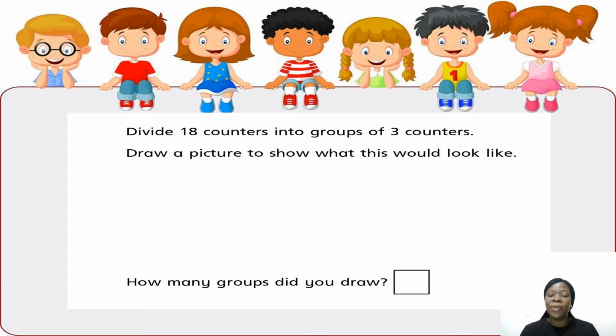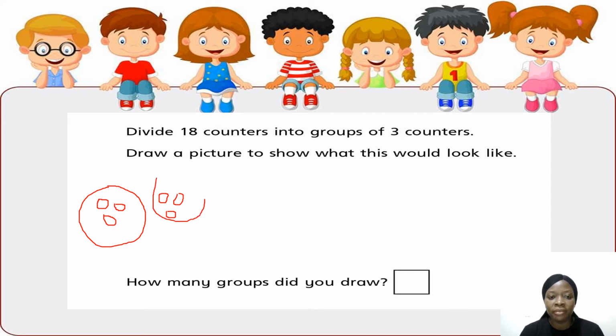Welcome back, everyone. Now the instruction says divide 18 counters into groups of 3 counters. So let's see. 1, 2, 3. This is one group of 3. 4, 5, 6. This is another group of 3. 7, 8, 9.